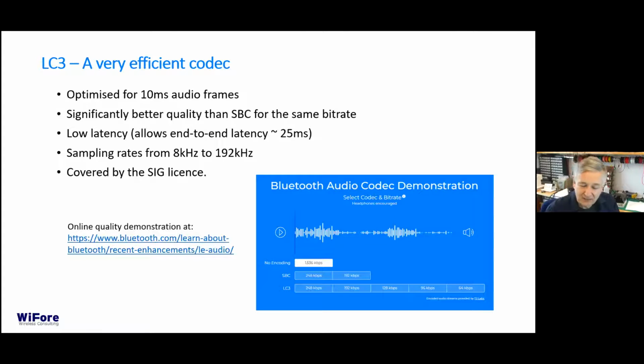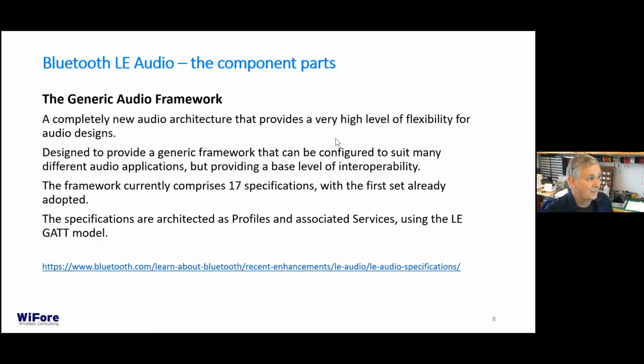I'm now going to try and run through 1,000 pages of spec in about 5 minutes, so apologies if it goes a little bit quickly. Instead of doing lots of separate profiles the way we have before, and if you look at hands-free profile and A2DP, the way they actually work is really quite different.